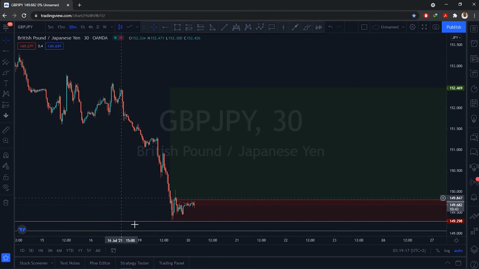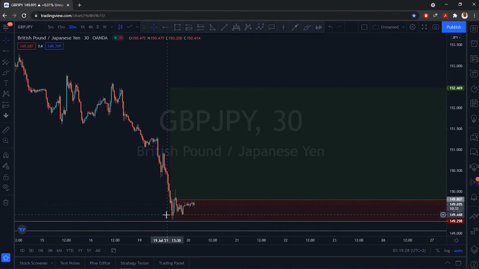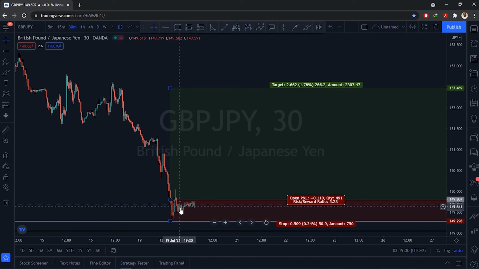If we go into this 30 minutes time frame, you can see here that it gave us what? It gave us the morning star, as a form of the reversal, and then it came for the pullback, and then again it gave us another morning star here. As you can see there, another morning star, and then after that, now we're anticipating that it's gonna reverse.